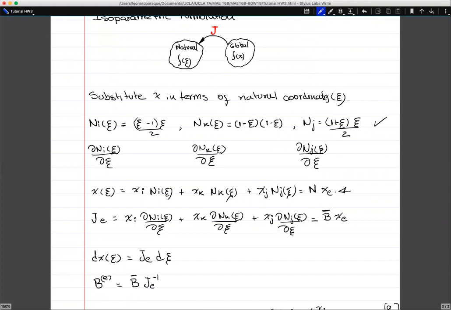Remember, xe is just the location in the x coordinate of each of the nodes for each of the elements.